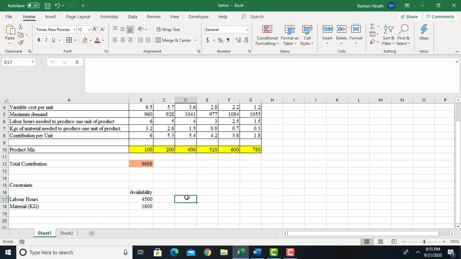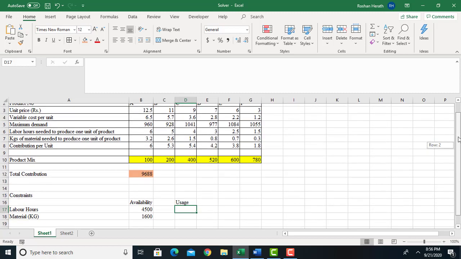Now you need to work out another important thing. It's about the usage. So the availability you have identified, that is maximum 4,500 and 1,600. Now you need to identify, depending on your product mix, what is the usage of these labor hours and materials. So how do you get the usage of these labor hours at the moment?